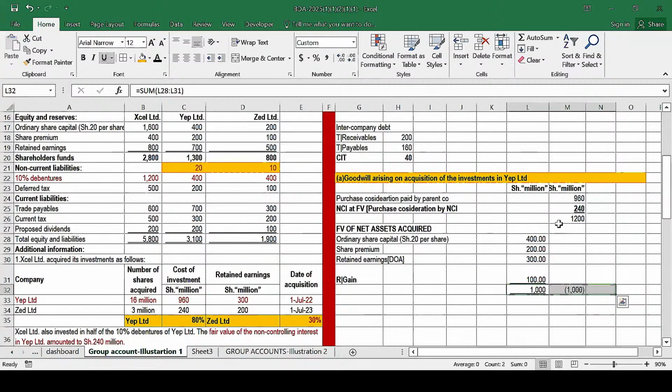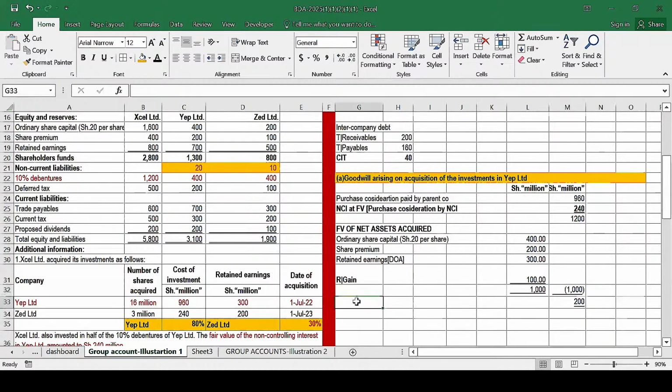The difference will be 200. This 200 is the goodwill on acquisition. So the goodwill on acquisition is 200.